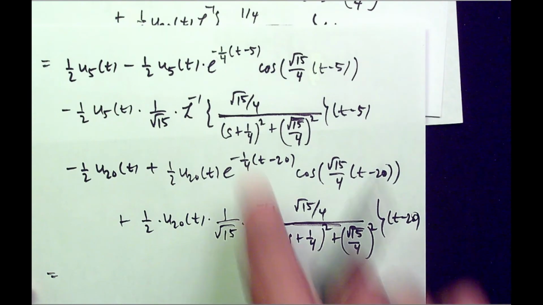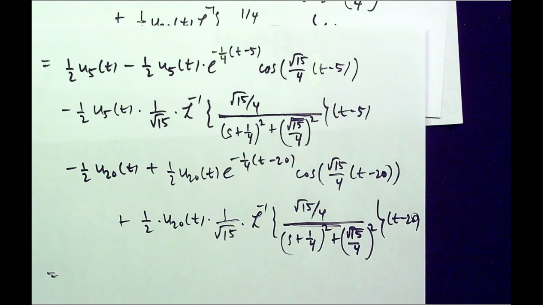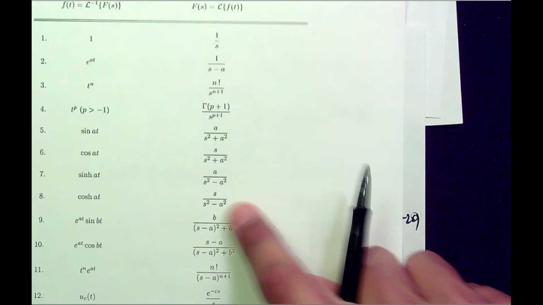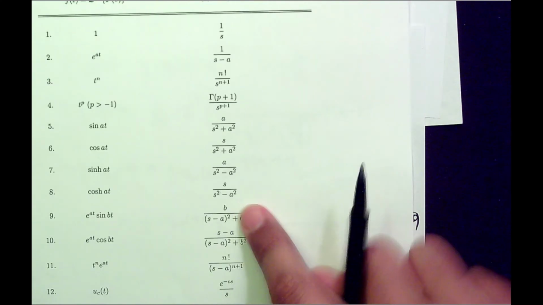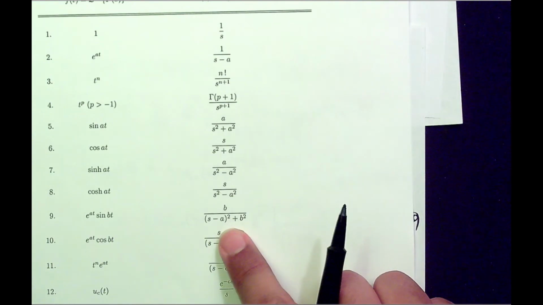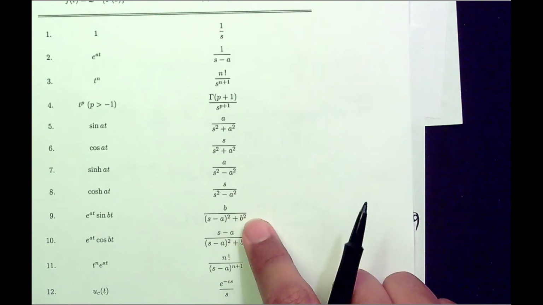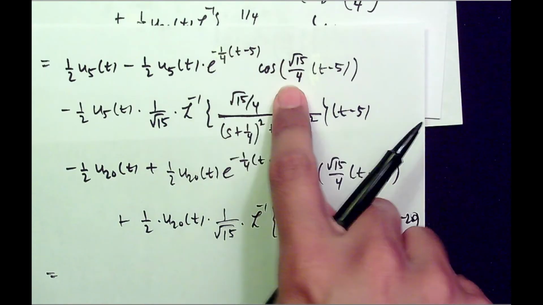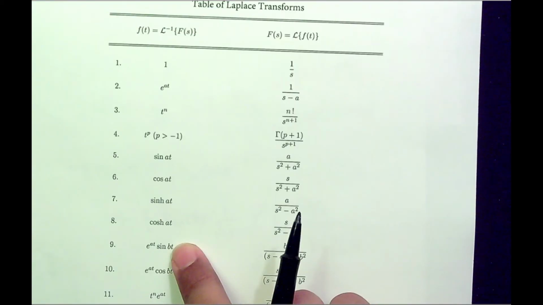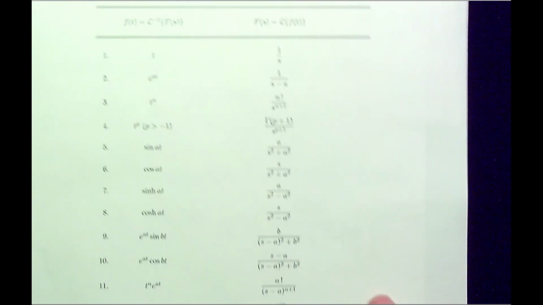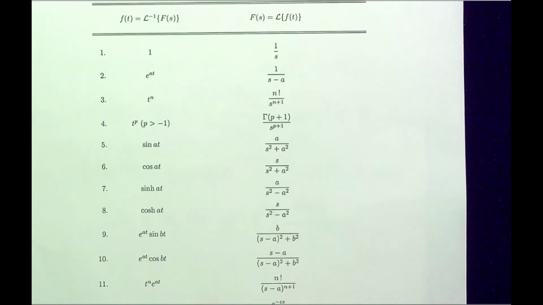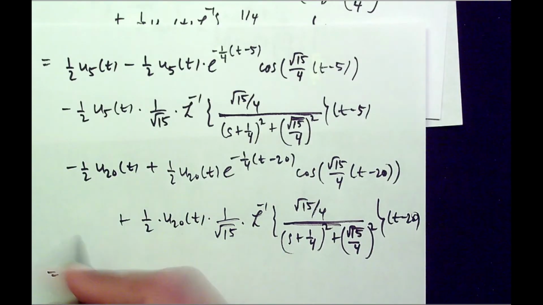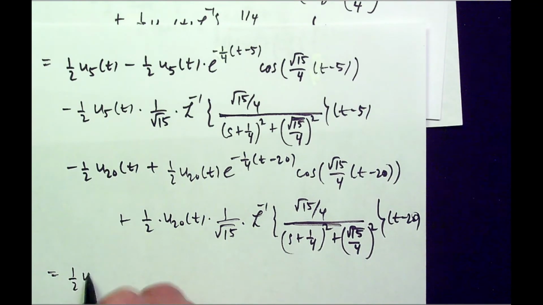And now this thing appears on the table. Finally, it is b, it is this one, b over s minus a squared plus b squared. Now I have these two matching, and it's going to be the same thing as that one actually, but with the sign. So you see these two are exactly the same. It's just going to be the same but with a sign. Okay, so this is then 1 half u5 of t.